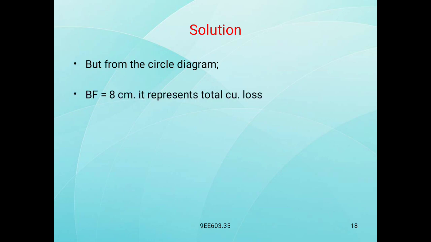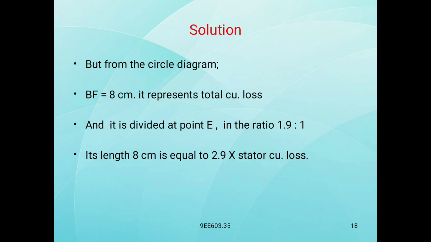But from the circle diagram, BF is 8 centimeters. It represents the total copper losses, and it is divided at point E in the ratio of 1.9 to 1. Its length 8 centimeters is equal to 2.9 into stator copper losses.